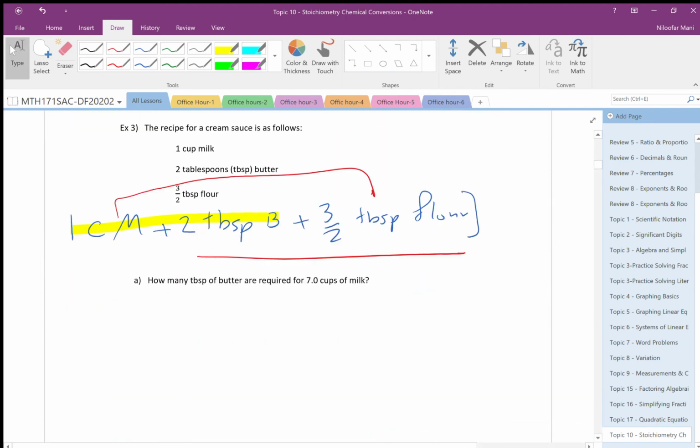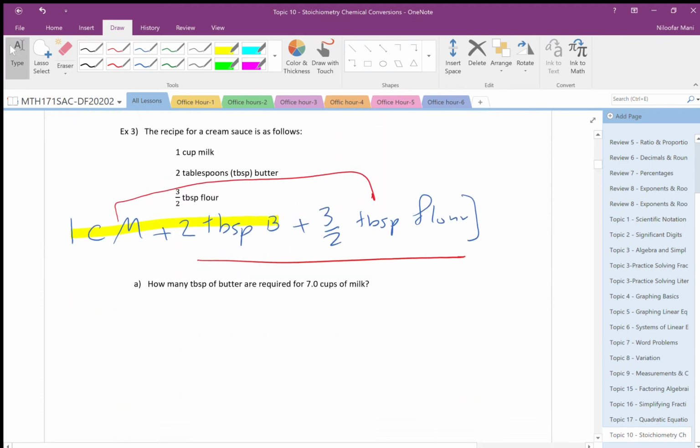Now I continue here. I have a recipe to make a cream sauce. Here I have 1 cup of milk, which I write as CM, 2 tablespoons of butter, and 3/2 tablespoons of flour, and I want to answer these questions.